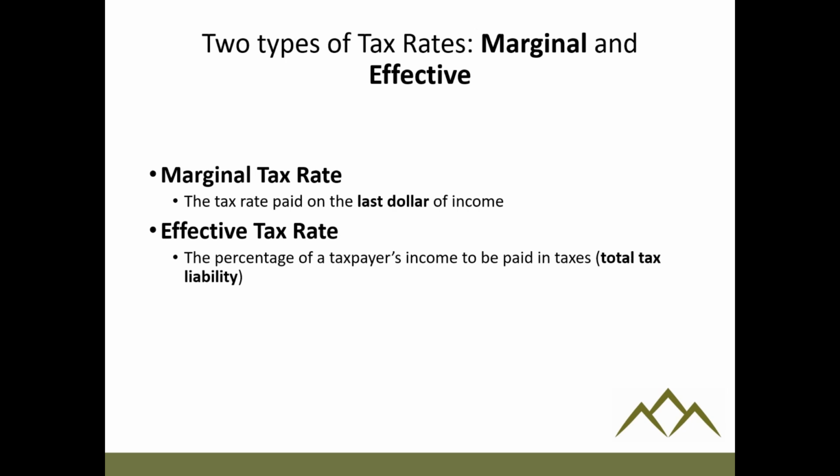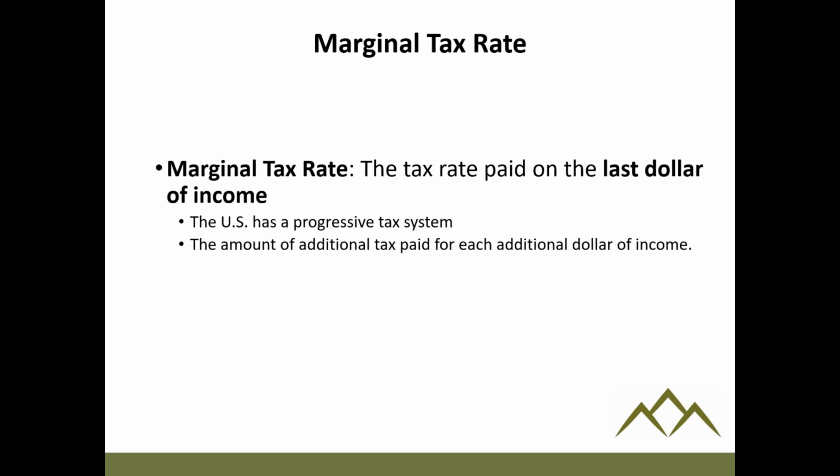So if we get into our next slide here, what I'll add is that the US has what's considered to be a progressive tax system. That's not necessarily a political term here, as much as it means that as you earn more, in theory, your tax rate is going to increase.